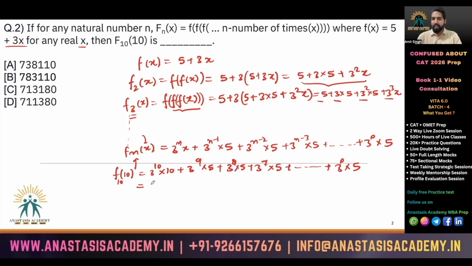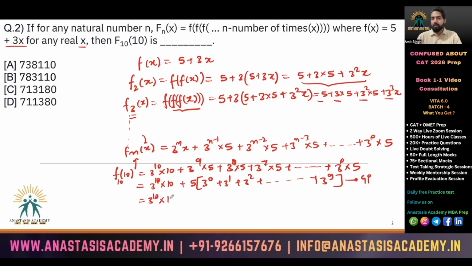Now I can take this 5 common and write this as 5 times the sum 3 raised to the power 0 plus 3 raised to the power 1, 3 raised to the power 2, up till 3 raised to the power 9. Can you see it's a GP? It's a geometric progression.